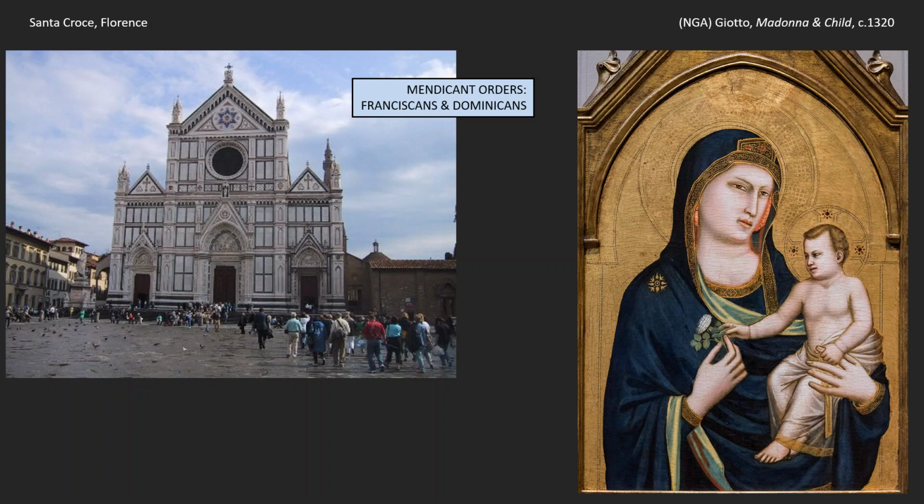So not only are they doing it in a language they can understand, a language that reminds them of the world around them, but they're also telling them stories and embellishing the stories from the Bible, not in a way that's disrespectful, but also makes it so that when you see an image of the Virgin Mary, you understand that she's a woman like you. Or when you see an image of the life of Christ, you realize he's a man not unlike you. That there is a connection between you and these biblical figures from, at this point, 1,300 years earlier, 1,200 years earlier.